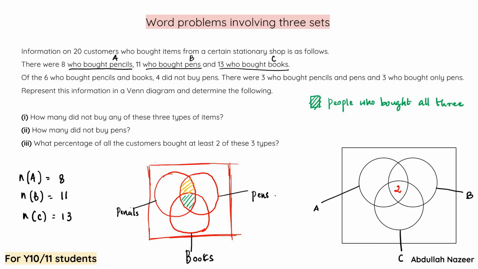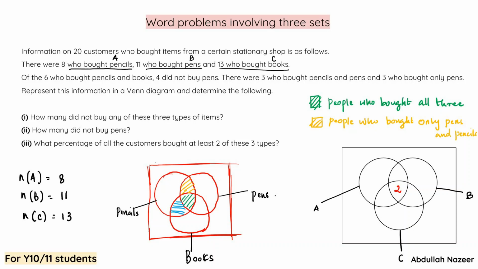and not books, right? So this region is people who bought only, the word only, that's necessary, pens and pencils.